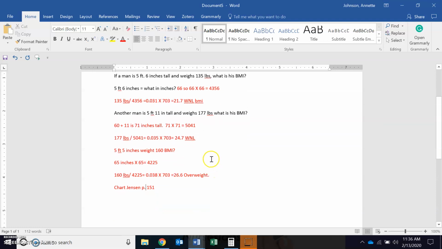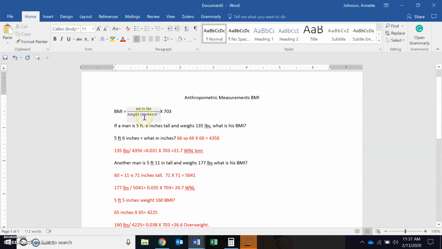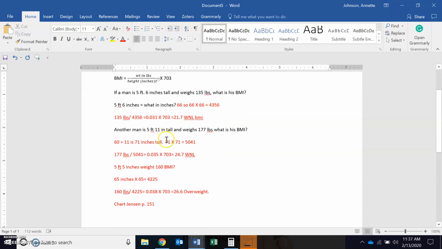All right, let's do one more. You have somebody that is 5 foot 5 inches tall and weighs 160 pounds. What is their BMI? We already know somebody that's 5 foot 5 inches tall is 65 inches tall. How did I get that? 5 feet is 60 inches plus 5 is 65 inches tall. So we're going to do height in inches squared. 65 times 65 is 4,225.